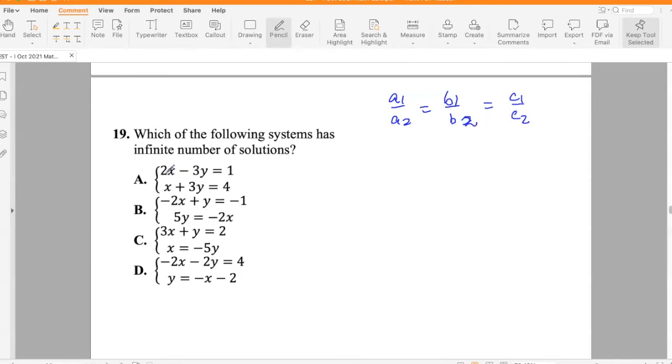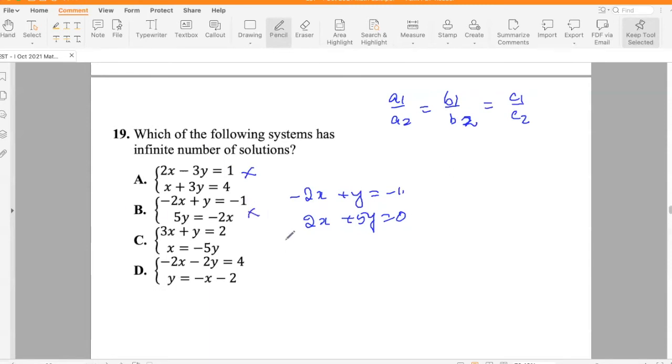So here it is 2:1, and this is minus 1, so it can't be this. Okay, so let's write this properly. So minus 2x plus y is minus 1, and 2x plus 5y is 0. So here it's minus 1 and 1 by 5. So this is not the answer.